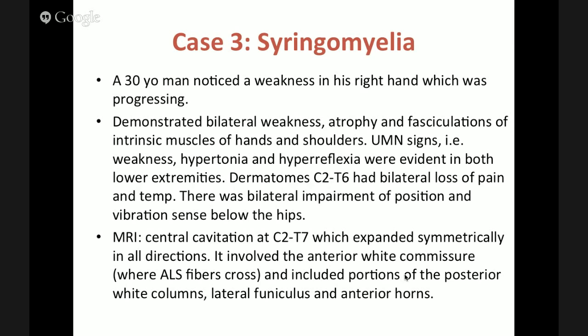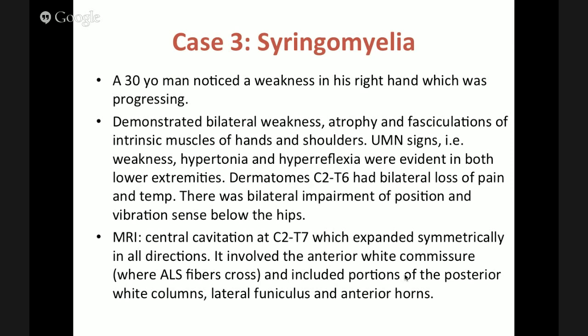The MRI shows a central cavitation of the spinal cord expanding symmetrically in all directions from levels C2 to T7. Of course, whenever you see bilateral loss of pain and temperature at specific dermatomal levels, it's usually an indication of damage to the anterior white commissure.